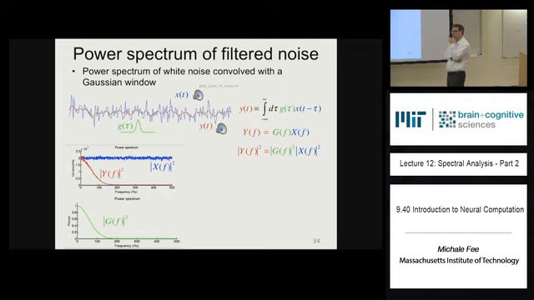Why is it that when we multiply in the frequency domain, you could theoretically multiply by anything, right? And that would correspond to some other type of filter. So why don't we just throw away high frequencies, for example multiply by a square pulse in the frequency domain?